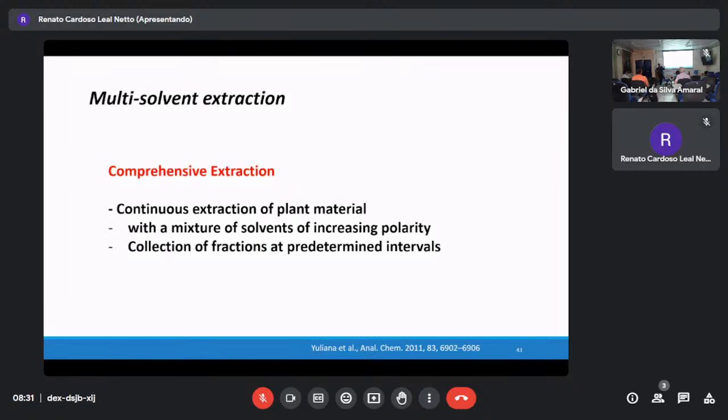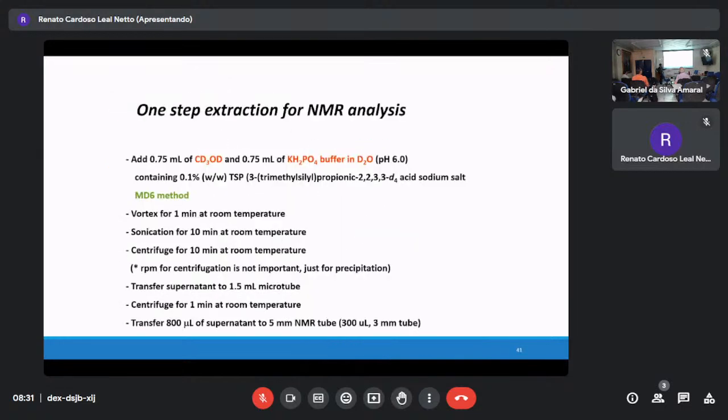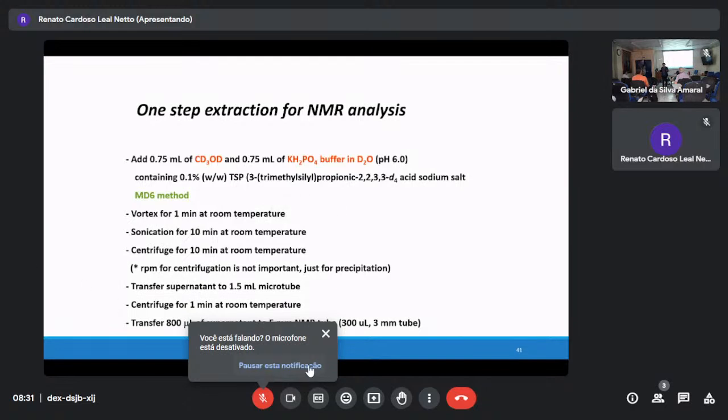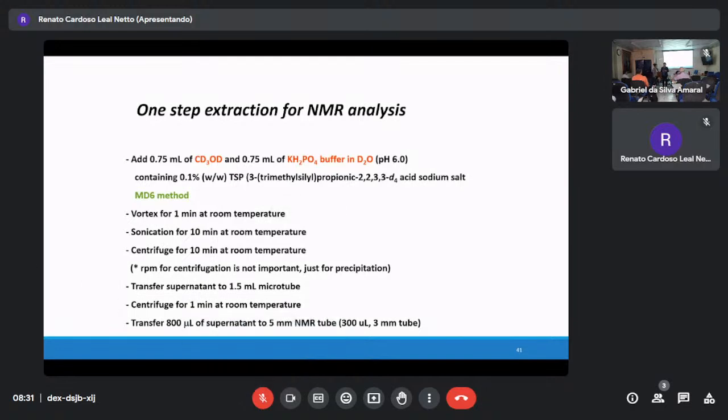So let's continue. Actually, it was supposed to finish with sample preparation, but some is still left. Yesterday we finished with the NMR protocol. The most important thing is that we are using deuterated solvent as the extraction solvent.